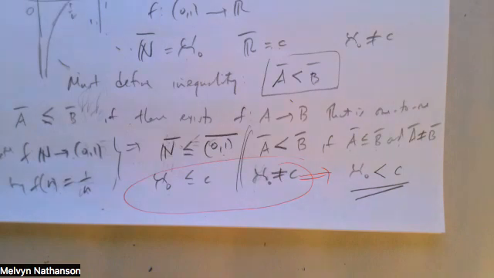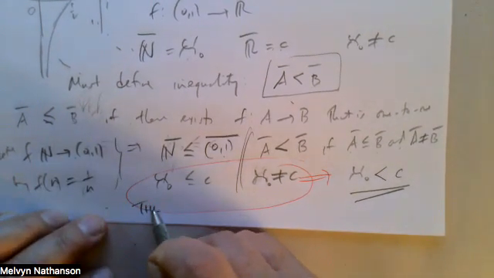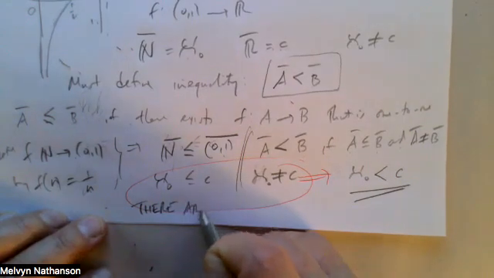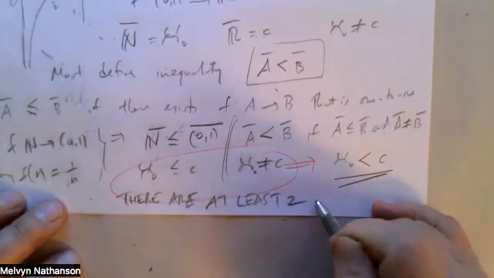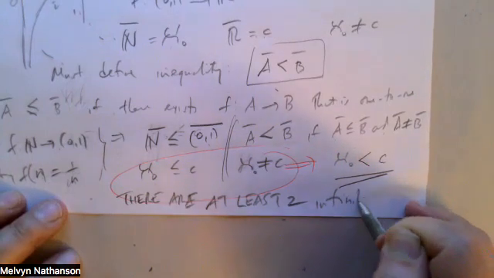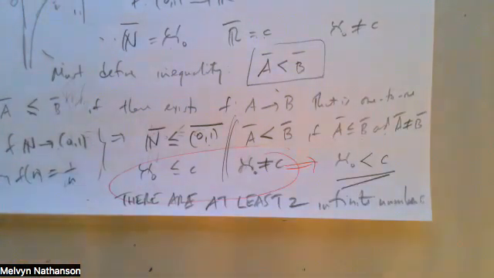And aleph naught is different from C. In fact, it's strictly less than C. So we can conclude from that that there are at least two infinite numbers, aleph naught and C. Are there any more?